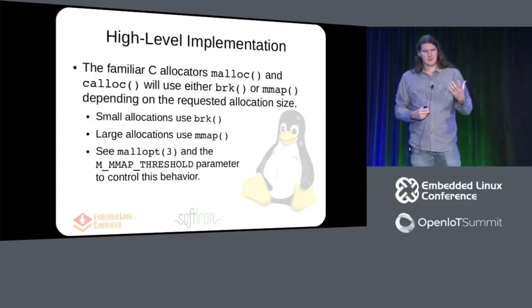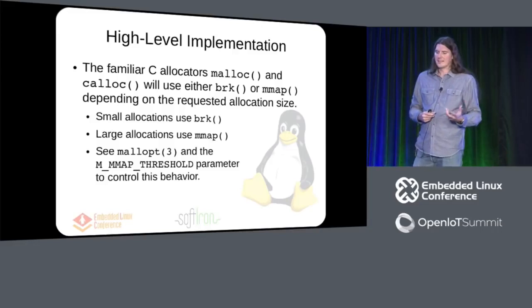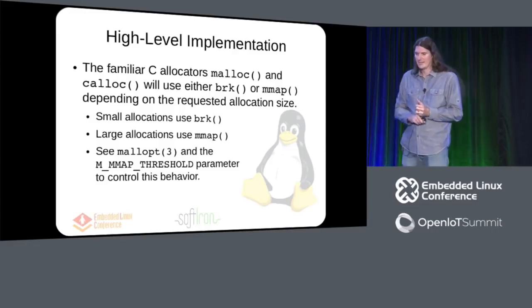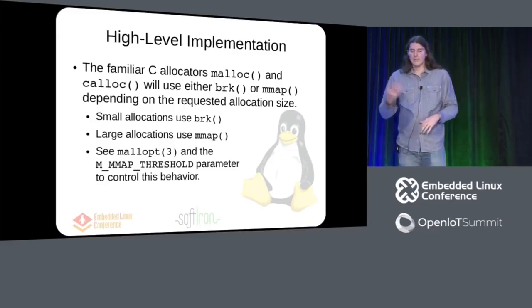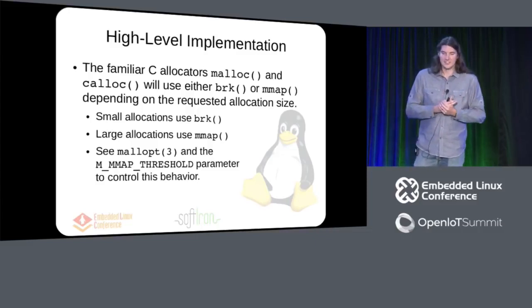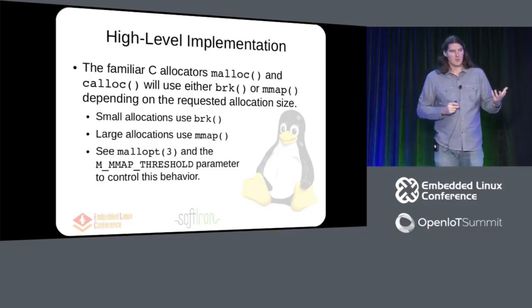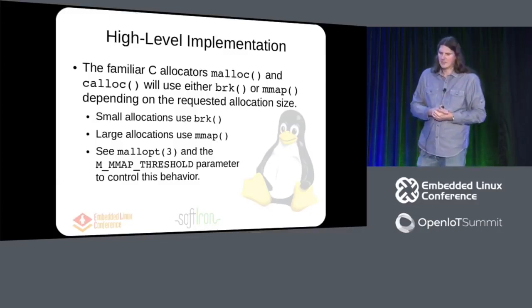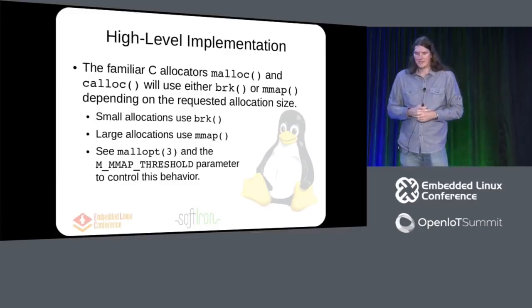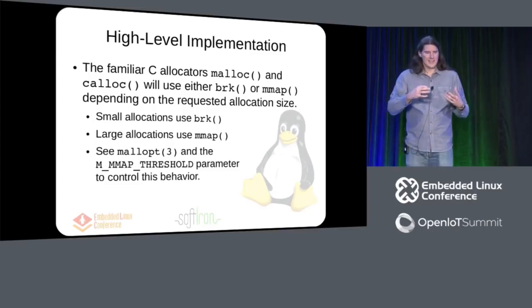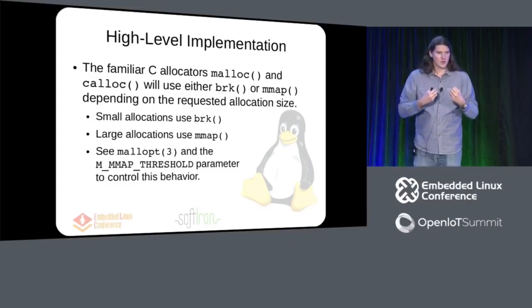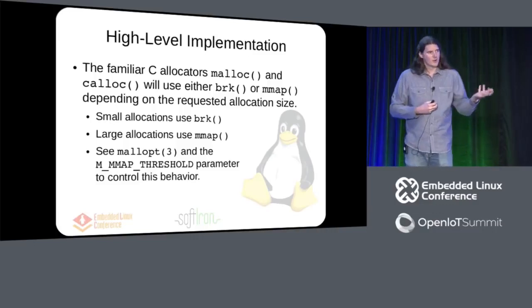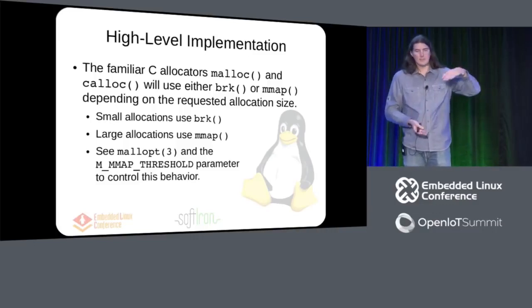So what about the high-level implementation? The familiar C allocators, malloc and calloc and others, will use brk or mmap depending on the requested allocation size. Small allocations use brk, and they just increase the size of the heap when it's necessary. A lot of times you can call malloc and calloc, and if you're allocating small things, they don't have to allocate any new memory from the kernel at all. Remember, the kernel and the MMU operate on pages, and pages are 4K.